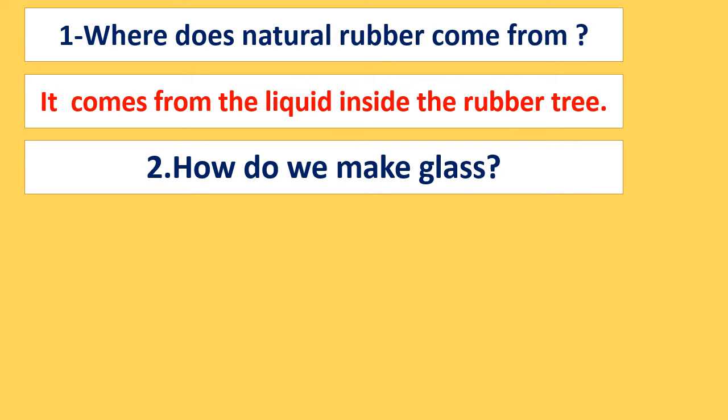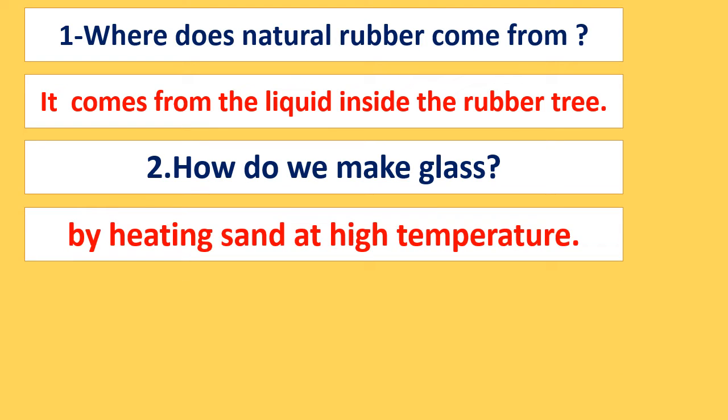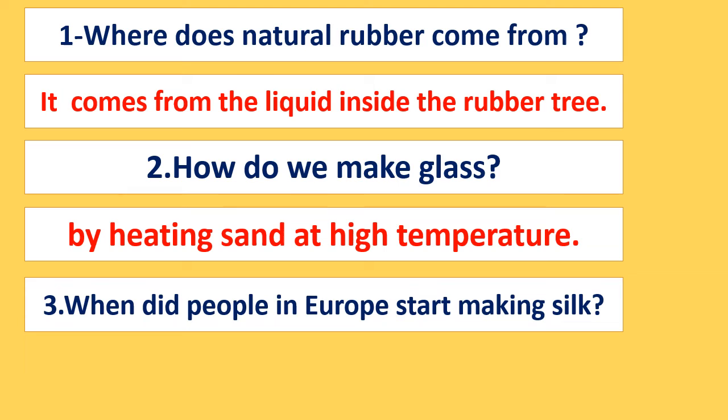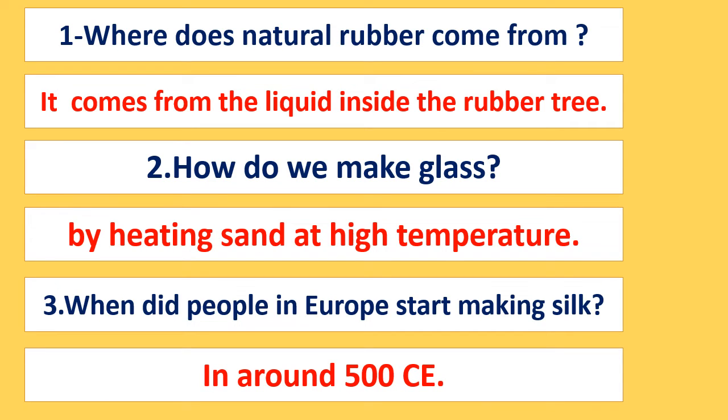How do we make glass? Yes, by heating sand at high temperature. Number 3, when did people in Europe start making silk? In around 500 CE.